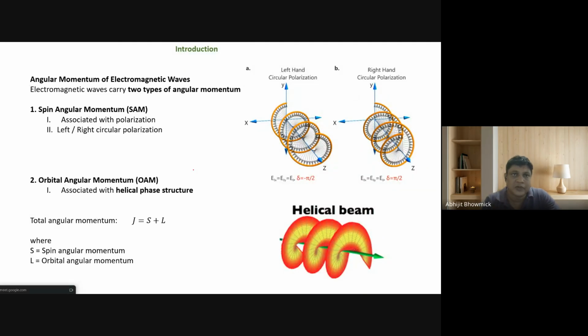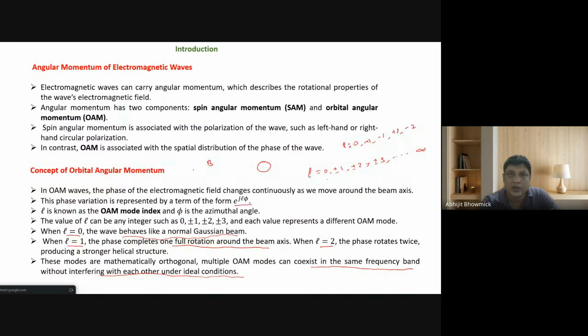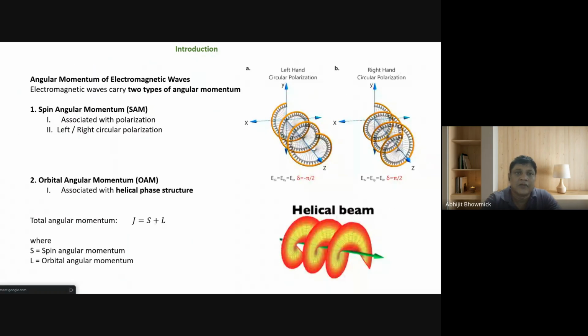Now, I already talked about this. I told you that there are two types of angular momentum: one is SAM, and the other is OAM. If you look here, SAM, that is spin angular momentum, is just circular polarization. If it is left hand, it is moving anti-clockwise, a left hand circular polarization.